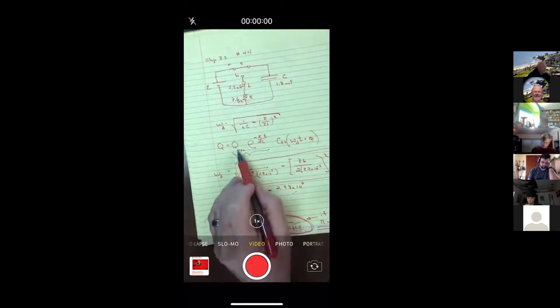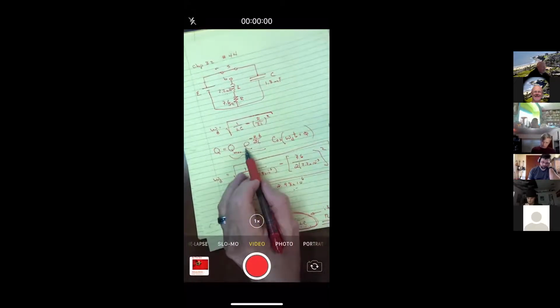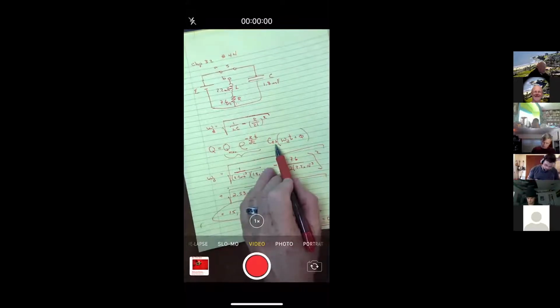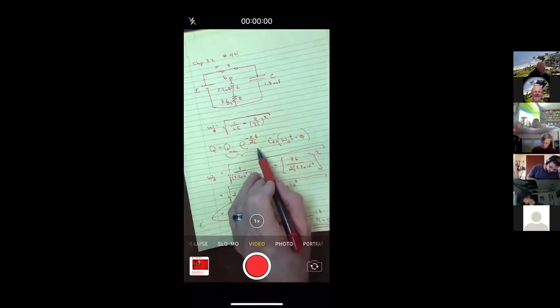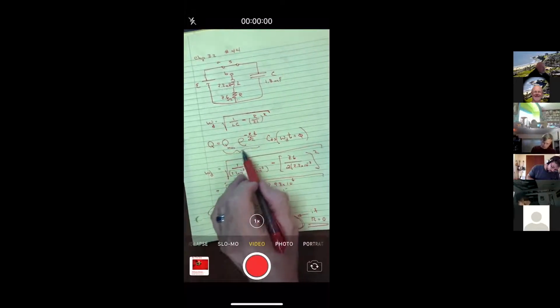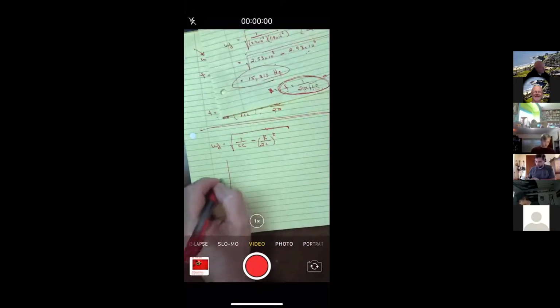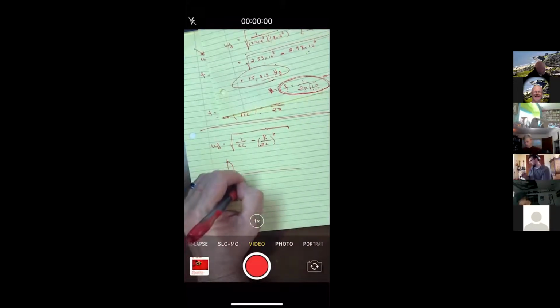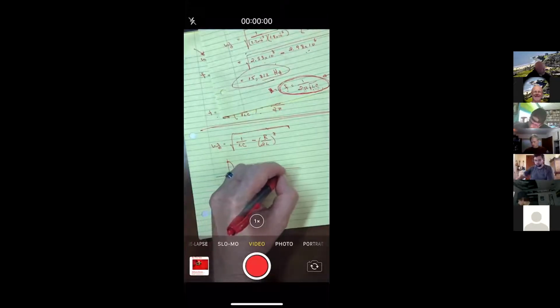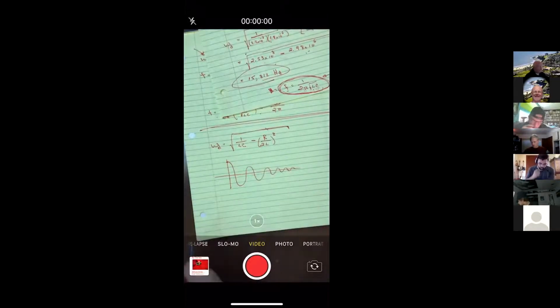Back here with the charge on the capacitor, if I would make a plot of this, I see there's a cosine function. And in front of the cosine function, which we often call the amplitude, is a decaying exponential. So this might look like this. Here is a cosine function where its amplitude decays away.